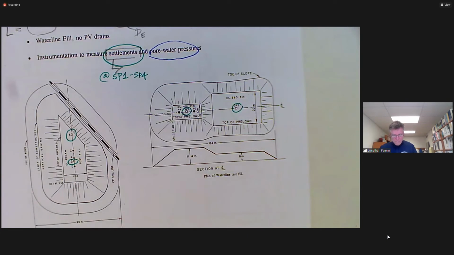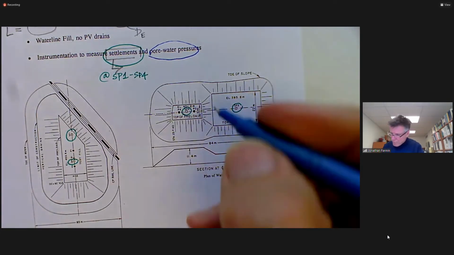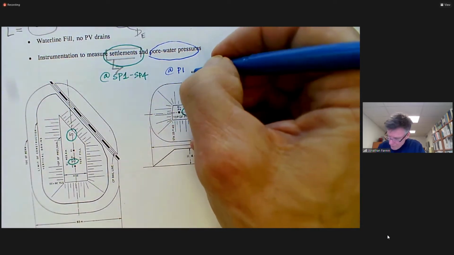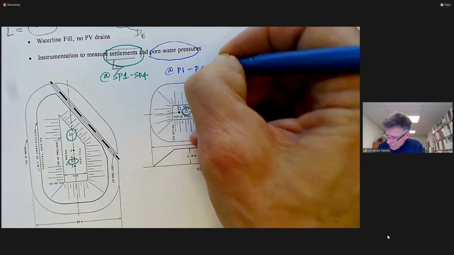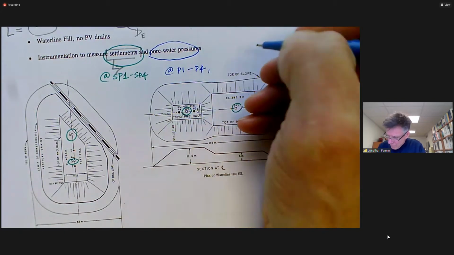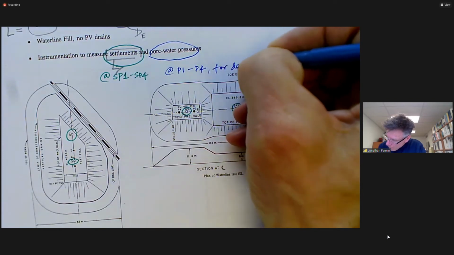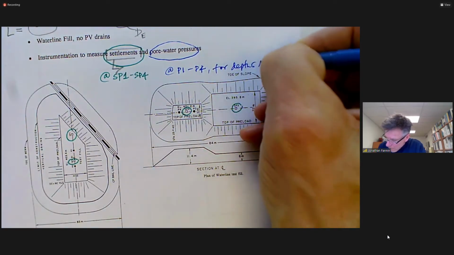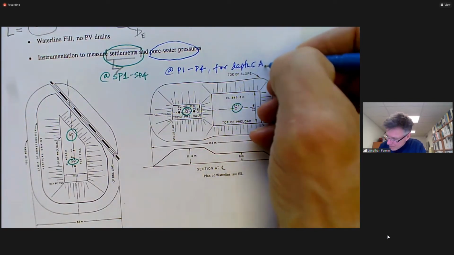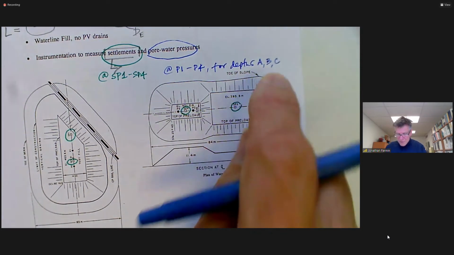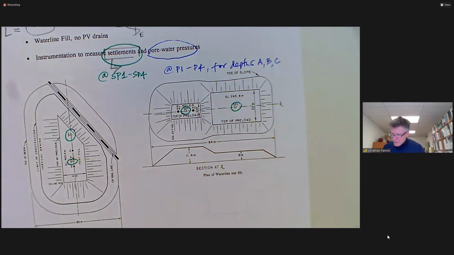And then pore water pressure, P1 through P4, and for several depths, depths A, B, and C. Those were at depths of 4, 10, and 20 meters.